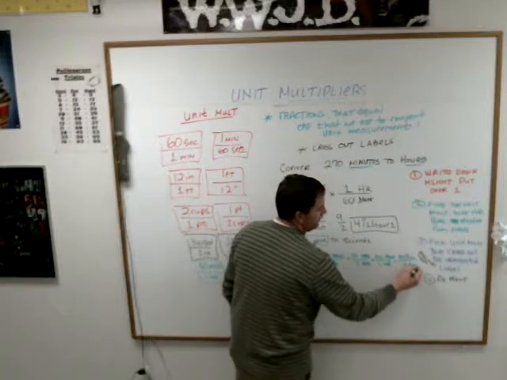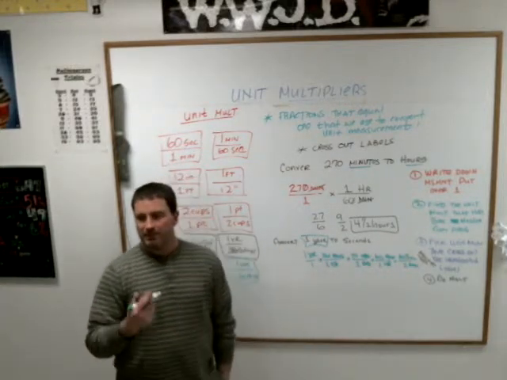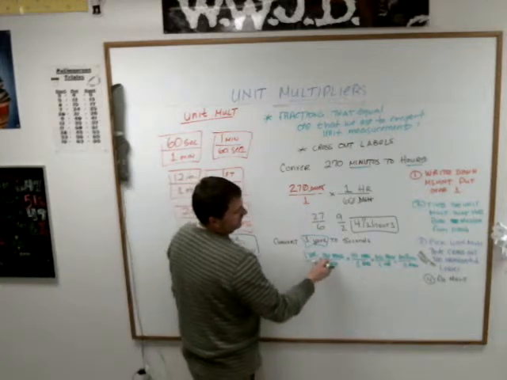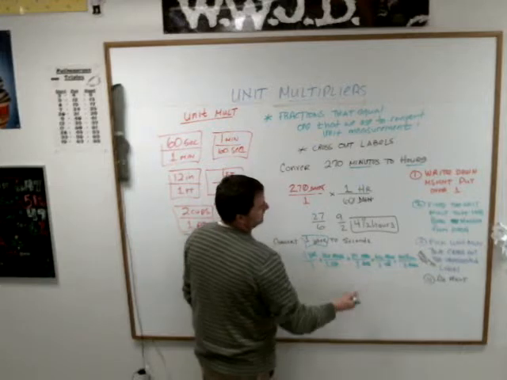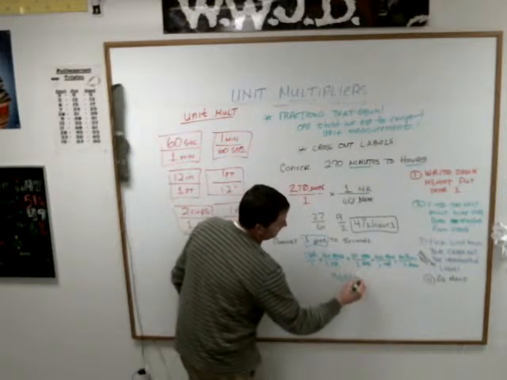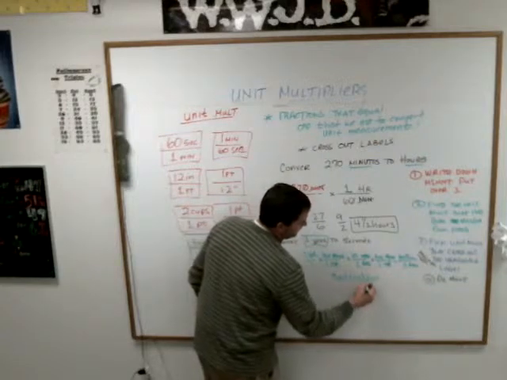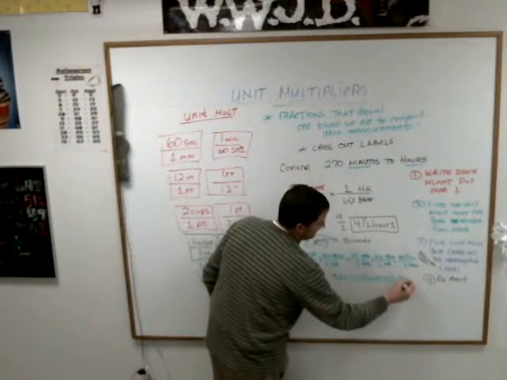My minutes cross off. My answer is now in seconds. I'm not going to do the math, but to get the answer, you'd have to multiply 365 times 24 times 60 times 60, and my answer would be in seconds.